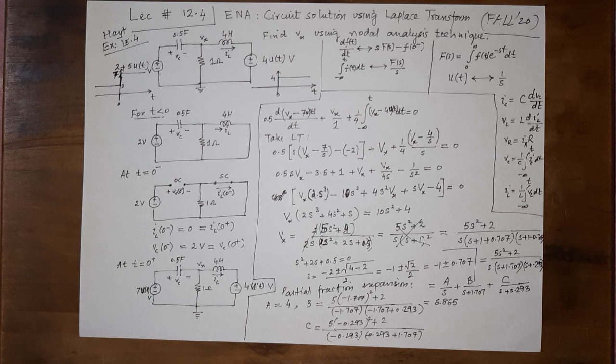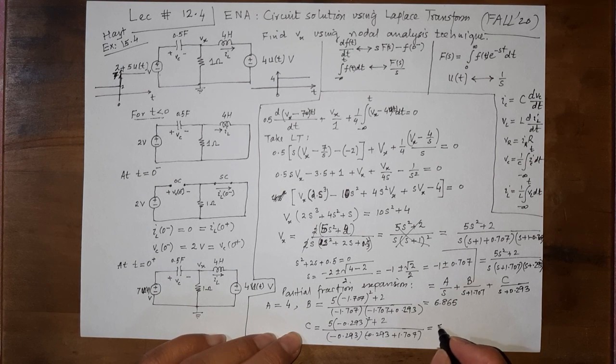So 1.707 minus 0.293, 1.414 into 0.293, and this time it would be negative 0.414, and we get 0.293 into 0.293 into 5 plus 2 divided by, is 5.863.